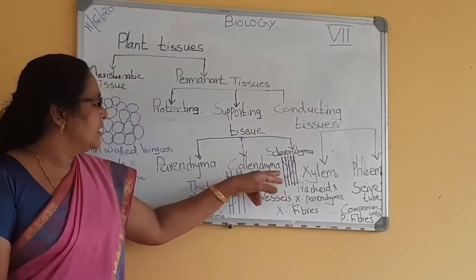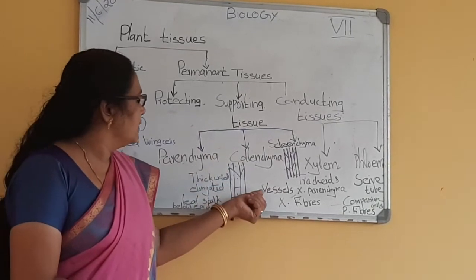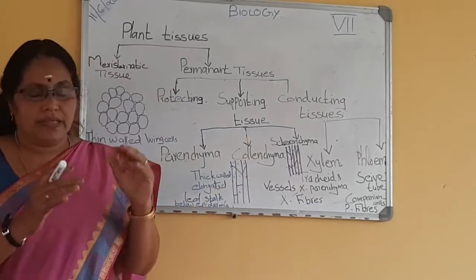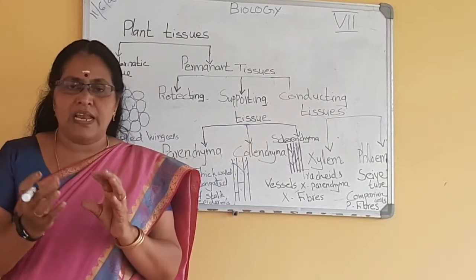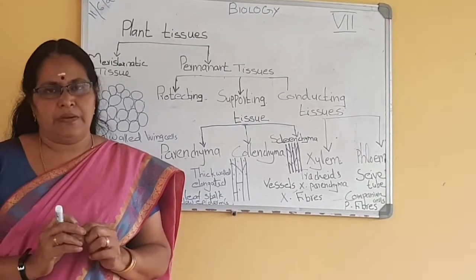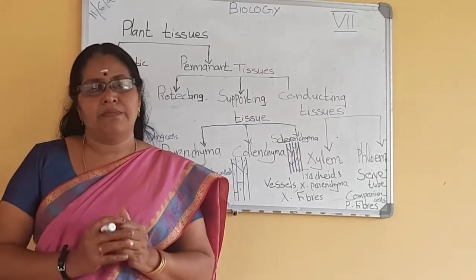Here you can see the thick-walled dead cells, and they are found in the veins of the leaf, stalk of the leaf, and all the thick parts of the plant. And the veins, last year you learned about the venation in leaves.